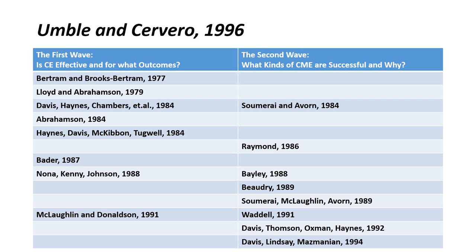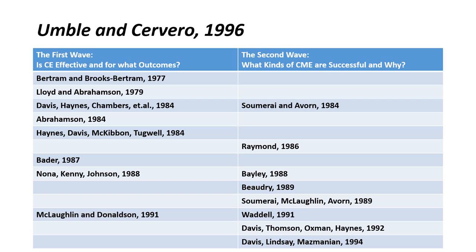Let's take a look at Beaudry, 1989, over in the second wave column: The Effectiveness of Continuing Medical Education, a Quantitative Synthesis. And finally, Waddell, 1991. She looked at the effects of continuing education on nursing practice, a meta-analysis.